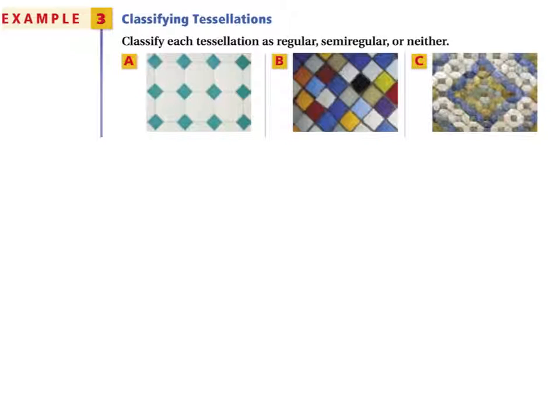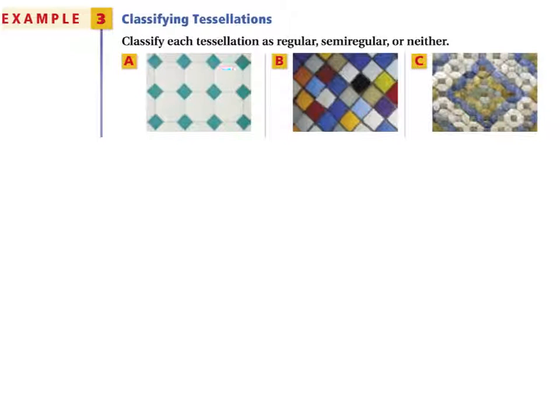So if you look, first thing you'll look at is, are the shapes regular? So we can see these are all squares. They're all the same side, so therefore that works. And these look like octagons, and they're all regular. So we have two regular octagons and one square. Now we have to pick a vertex. This is important. Pick any vertex. What makes that vertex? Two octagons and a square. Any vertex you pick, two octagons and a square.